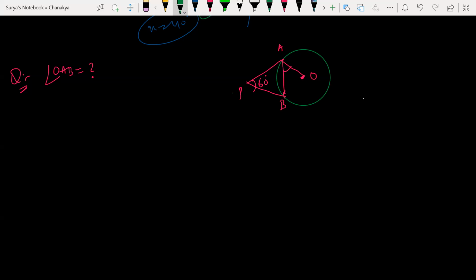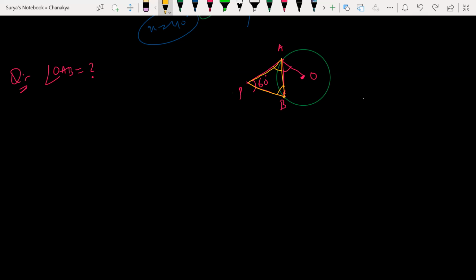Make it fast. Frame this triangle, triangle APB. In that, this will be 60. This will be an equilateral triangle here? Not equilateral triangle. This one and this one will be equal. You know why? Why is it equal? Tell me. Sir, because the lengths of tangents are equal.